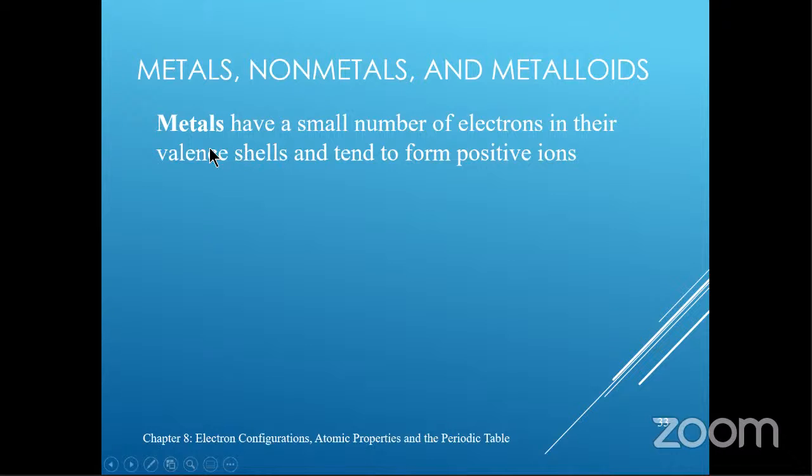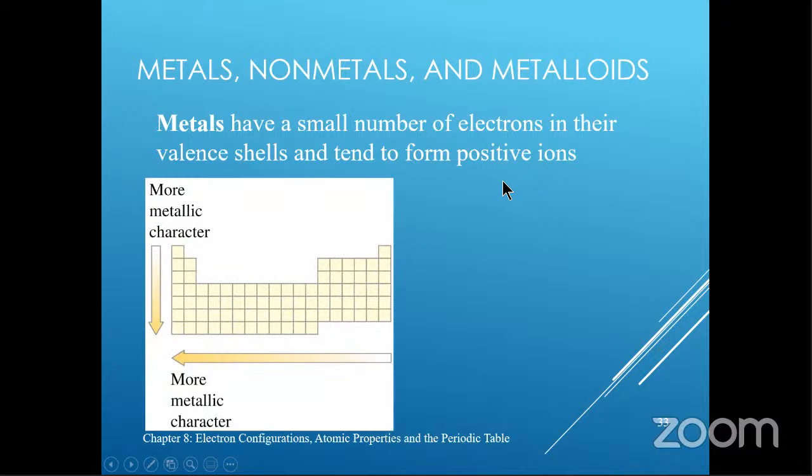So as stated here, one of the important aspects of metals is that their atoms tend to have a small number of electrons in their valence shells, namely 1, 2, or 3 electrons, and they tend to lose these electrons to form positive ions, all right? So what you'll find in terms of metallic character is that as you go down any group, the metallic character increases, and as you go from right to left of any period, the metallic character increases, right?